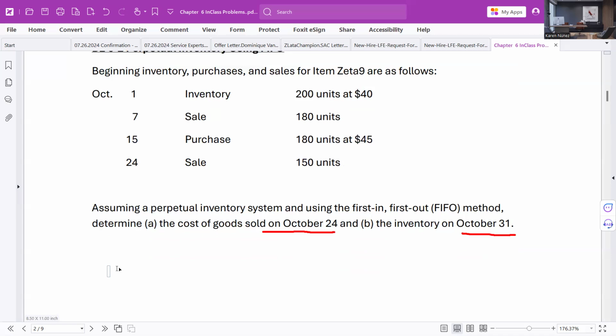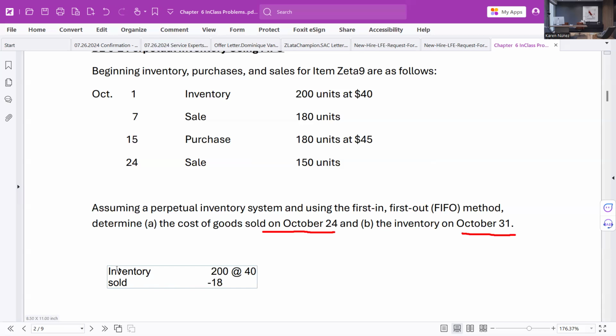So on October 1st, we have this inventory, and the inventory is 200, and the 200 are at 4. And then we make a sale. We sold 180 units.